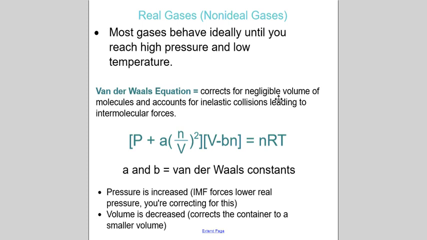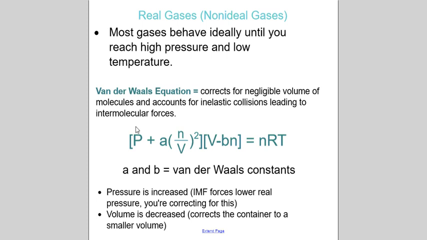It corrects for negligible volumes of molecules and for what will now start to be inelastic collisions. When particles collide, they will linger with each other for a while because there is some attraction. So there's not going to be a perfectly elastic collision, there's going to be some energy loss or some redirection happening.